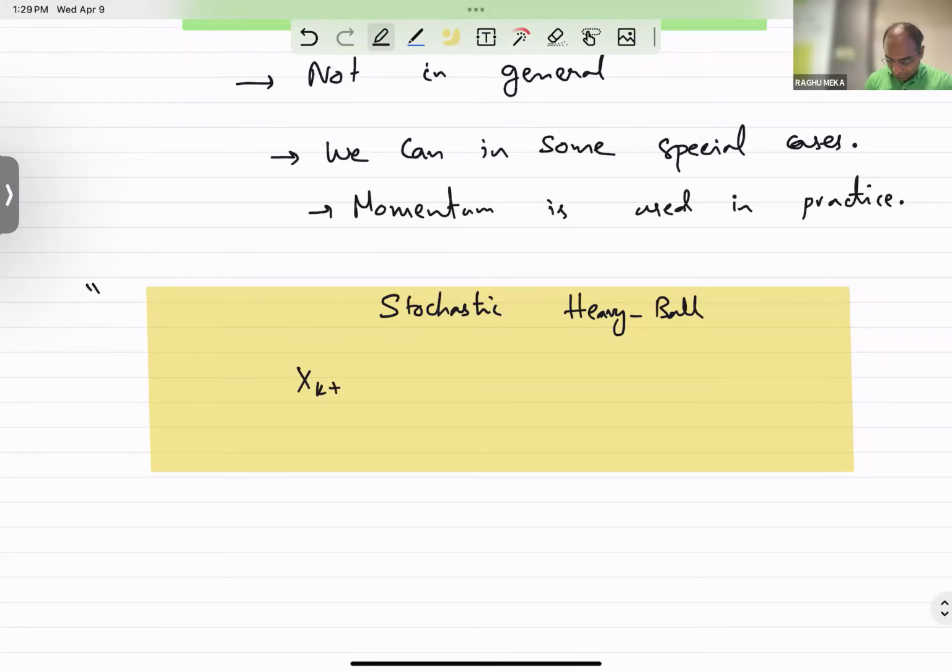You would say maybe something like x_{i+1} is x_i minus eta times your estimator plus some beta times the momentum term.